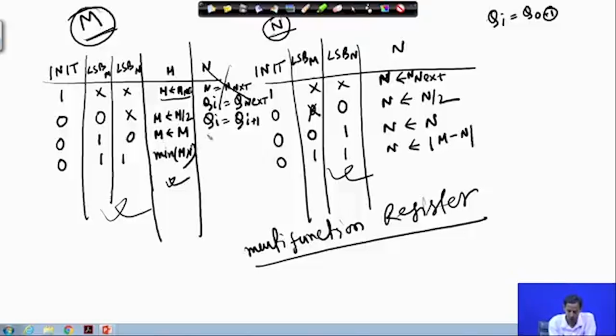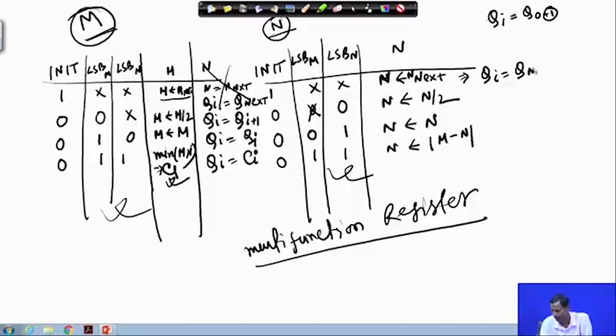So, whenever m equals to m, that is q I equals to q I, and this is the minimum of n. If I consider this as a circuit C1, then q I will be C1 I. The same thing will happen here also: q I equals to q next, this is for the n register, right.